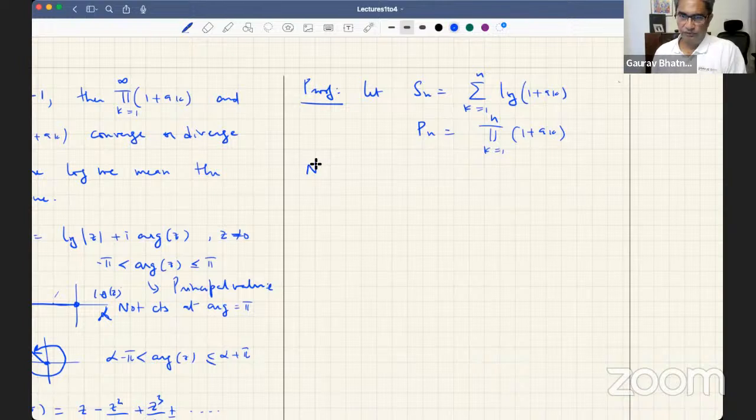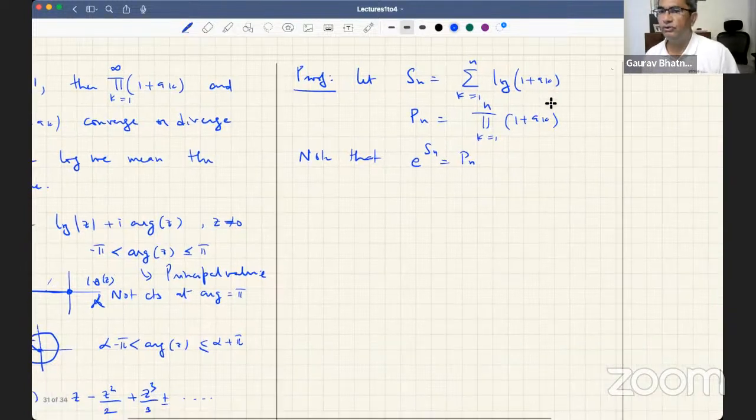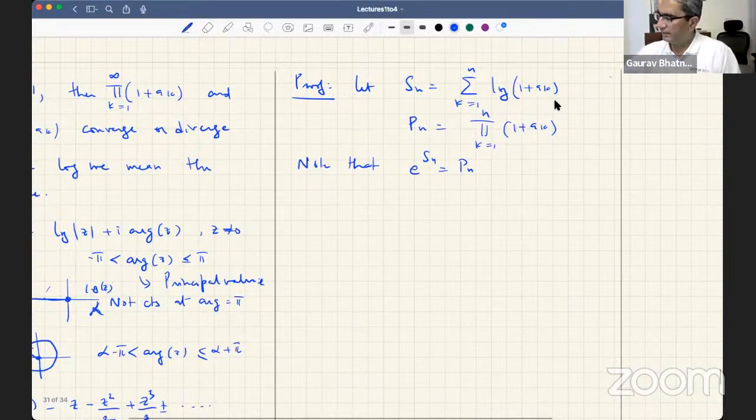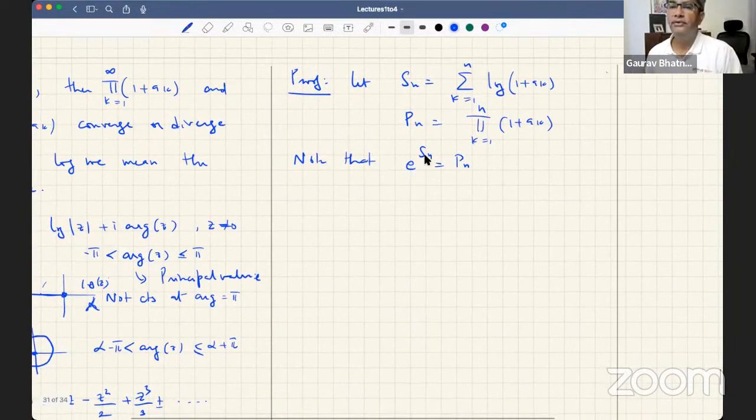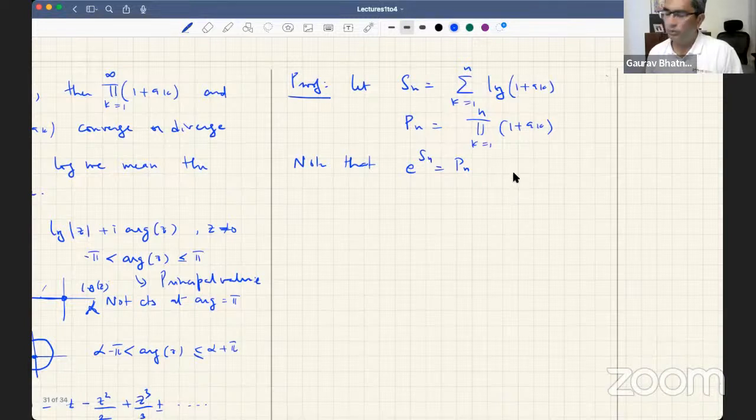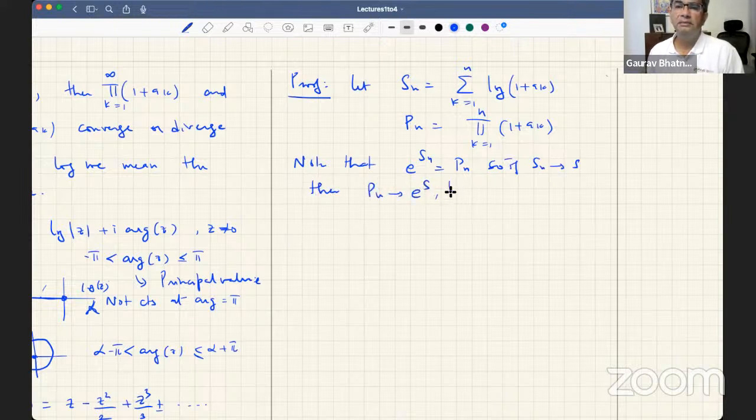So first note that if you take the exponential of S_n, then we will get P_n. Whatever the values of logs we are taking here, when you take the exponential, it disappears, and we get P_n. So if S_n converges to S, then P_n converges to e raised to the power S, because the exponential function is analytic, so it's differentiable, so it's continuous. Okay, so this part is fine.